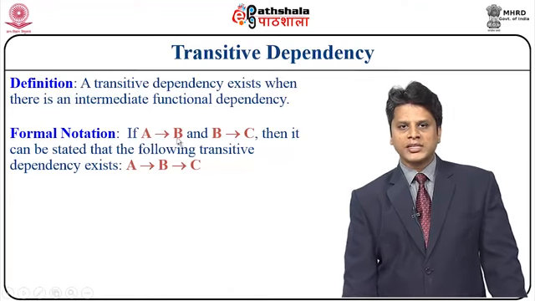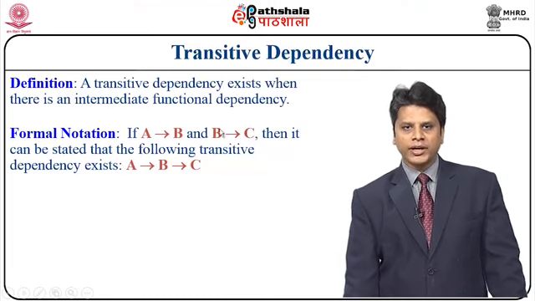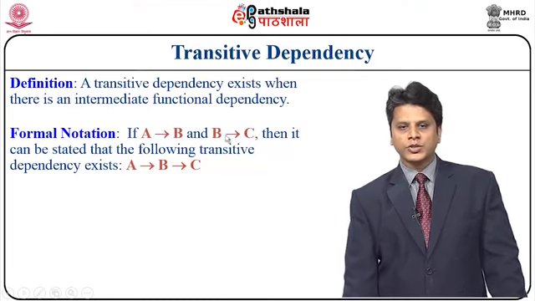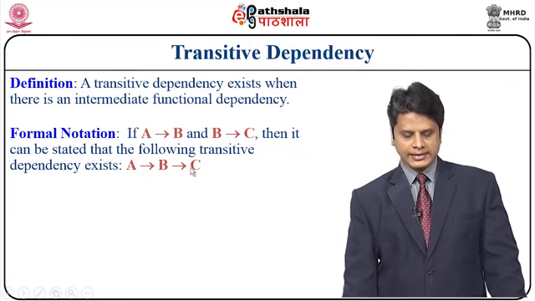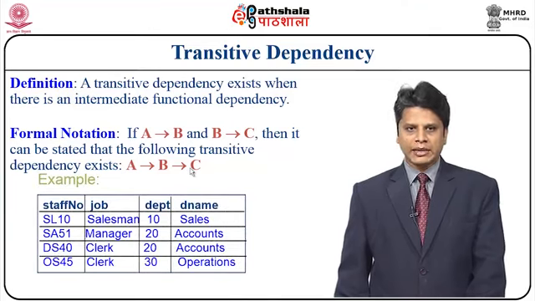A determines B, that is, B is functionally dependent on A, and B determines C, that is, C is functionally dependent on B. By looking at these two relations, we can say that C is transitively dependent on A. We will look at this particular notation with an example.